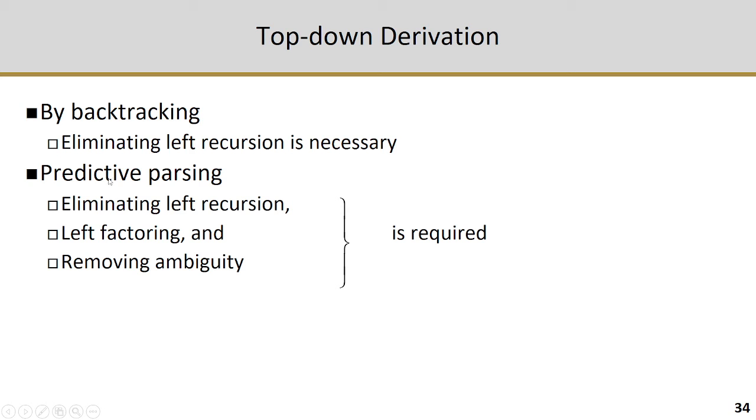In any case, left recursion should be eliminated, and for predictive parsing, not only left recursion but also the parts which are overlapping at the beginning of multiple rules for the same non-terminal should be eliminated. And finally, we have to somehow resolve ambiguity.